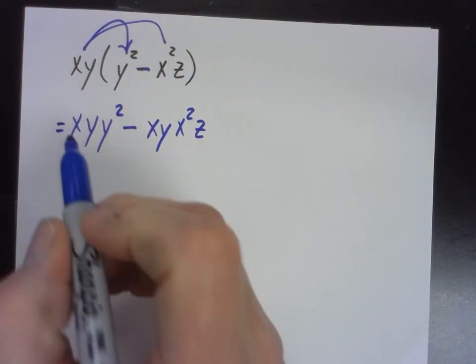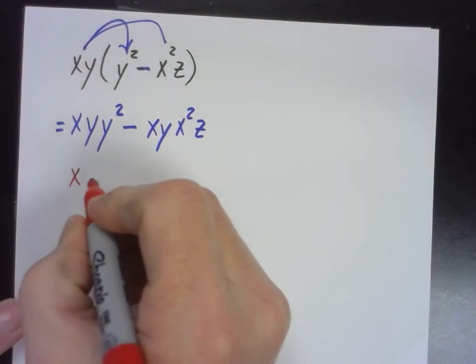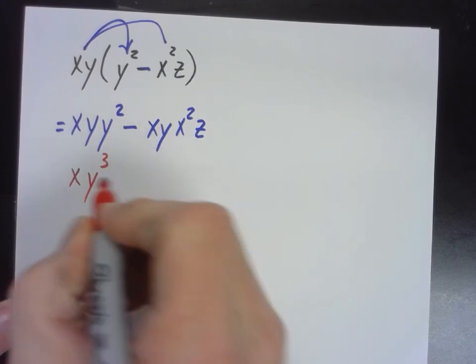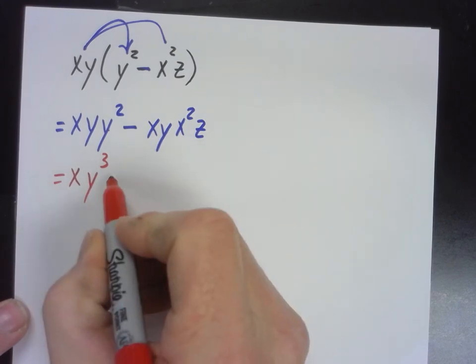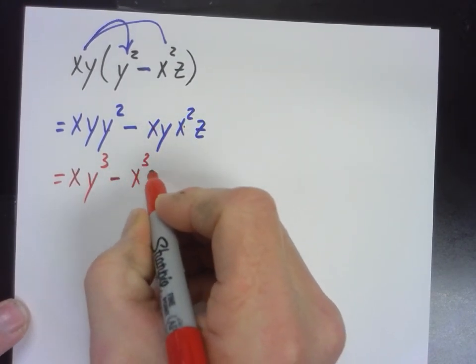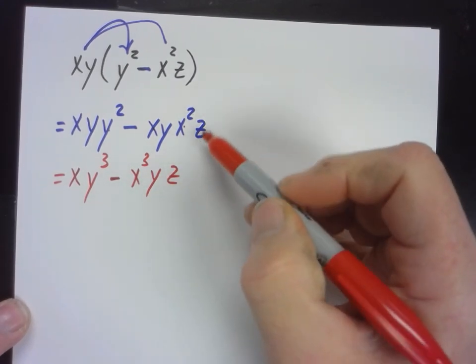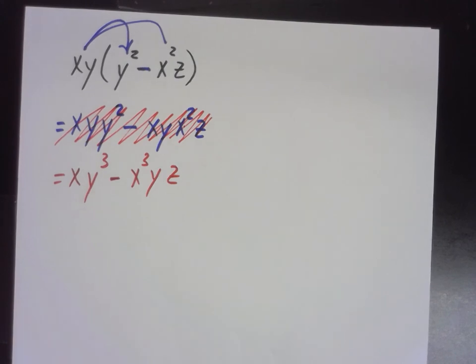I heard a yes. How? X, y to the 3rd. Okay, so we can multiply these y's together, can't we? Yeah. And then what about these x? Cubed, y, z. Yeah. And let's be honest with you, we never write that part. We just do it. We just do the problem.